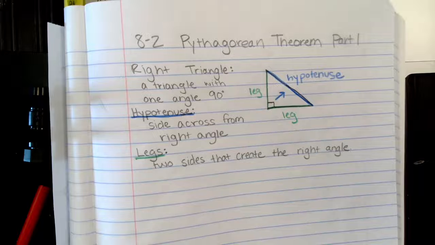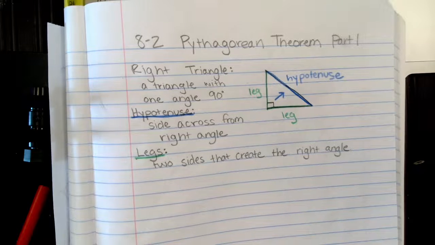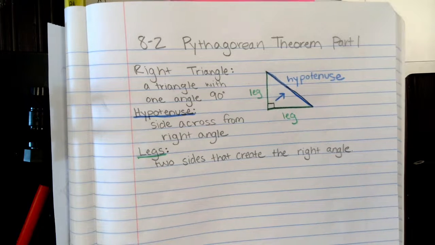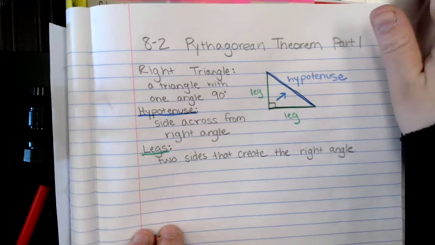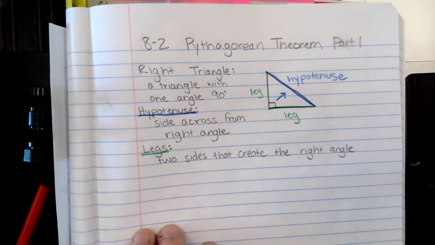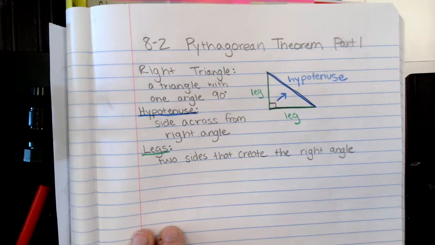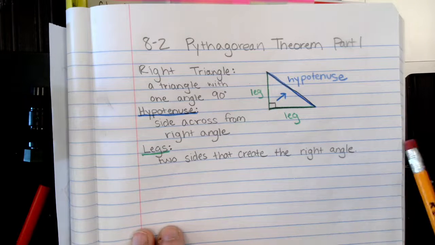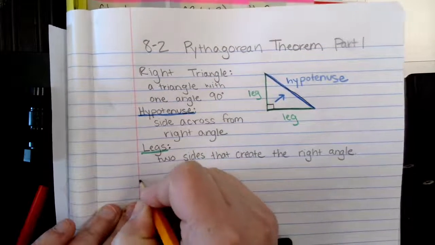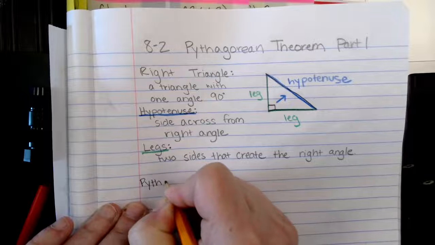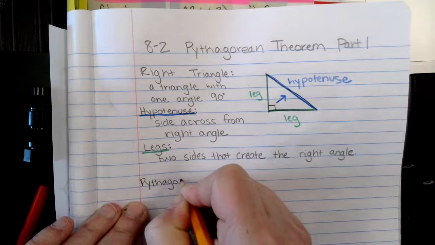All right, so the Pythagorean Theorem tells us that if I have a squared plus b squared, that's going to equal c squared.